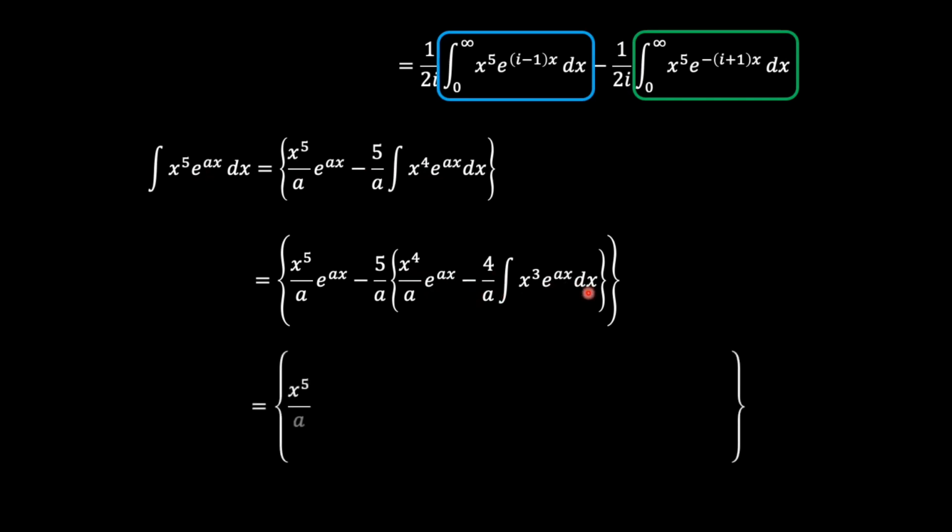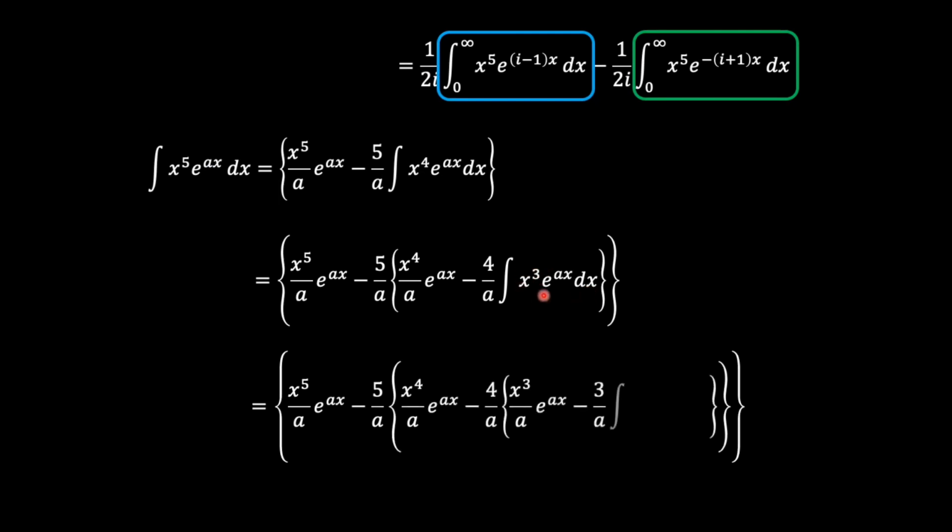Again, we repeat the same process. Here we're driving towards eliminating the x component so that we're left with just e to the power ax. As you see here, we've gone down to x squared.